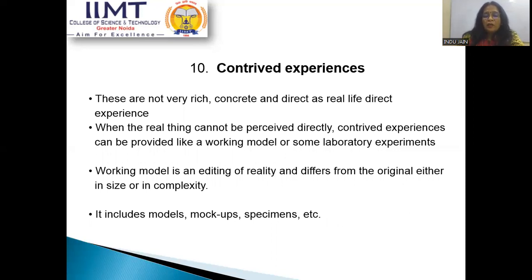If the real object is very large or very small, then it is not possible to take it to the classroom. So in that condition, working models play an important role in explaining that particular object. These contrived experiences include models, mock-ups, specimens, etc.